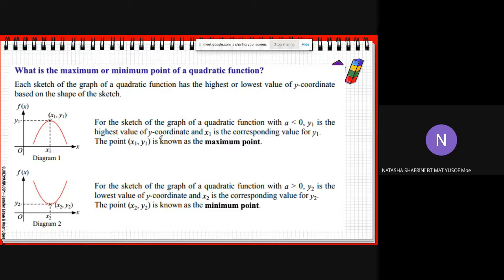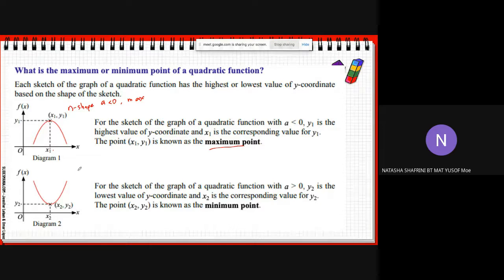Tadi cikgu dah tanya ni. That's why cikgu tanya tadi supaya you boleh faham yang ini. So you akan dapat maximum point. Tengok, kita akan ambil dekat tengah-tengah. So the coordinates of maximum, tadi pun you dah cari, kita akan ambil (x1, y1). Yang penting, we know ini adalah N shape, our a less than 0, we ada maximum. Ni 3 benda yang you perlu tahu bila you nampak shape of graph.